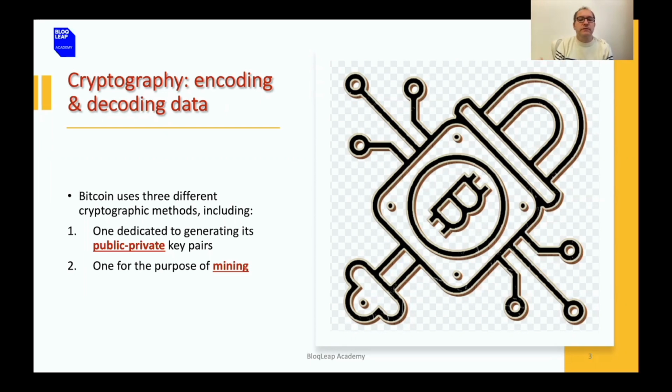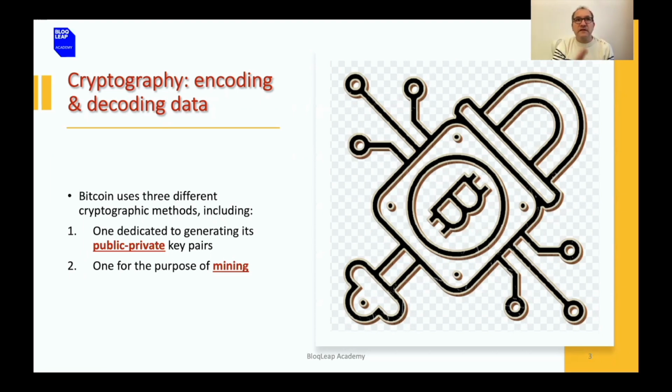In order to get your Bitcoin, to put your Bitcoin in a wallet somewhere, you need to generate an address, and this address is generated by a set of keys, a public-private key pair, okay? We explained that in the previous chapter.